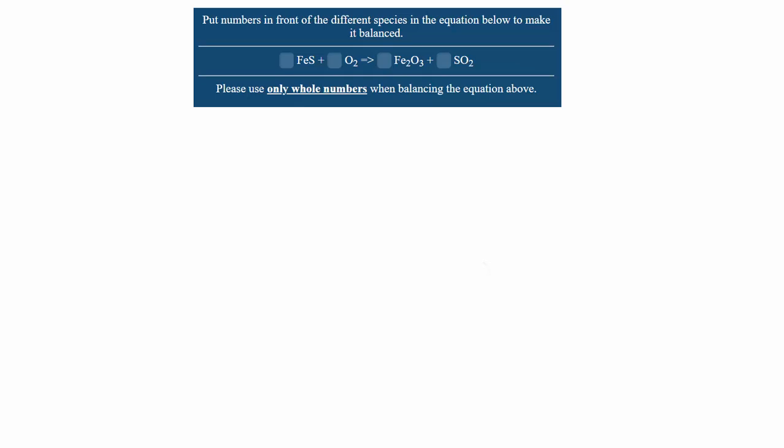Okay, so in this question, we've been presented with this equation and we've been asked to balance it. So what do we actually have?